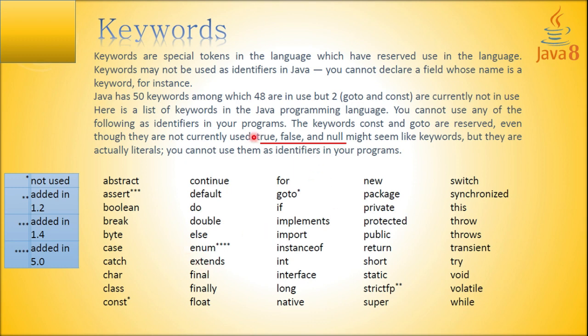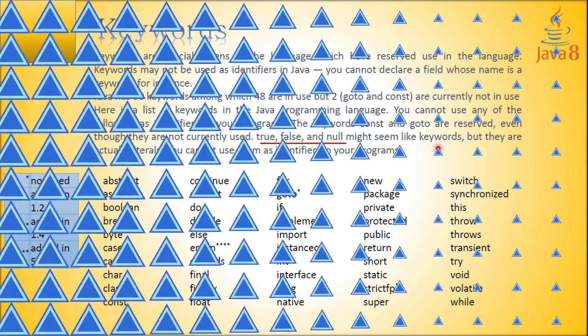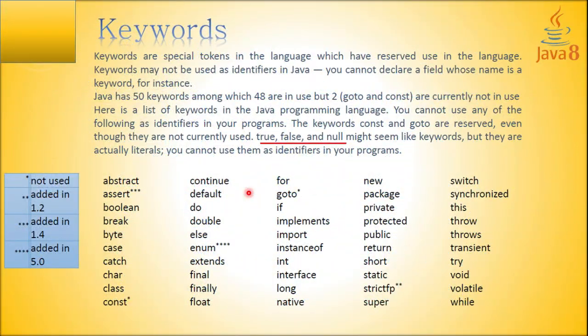Here, true, false and null. In this list you can see that. You can see these three are not considered as keywords. But technically, what do we call these? Literals. True, false and null, they are literals, I told you. Now see, certain stars are given.